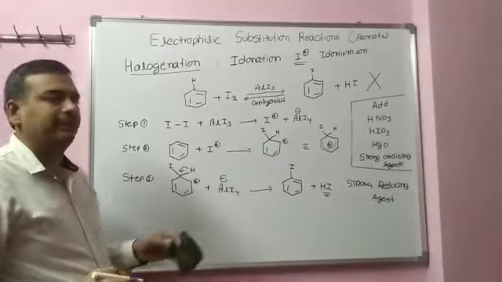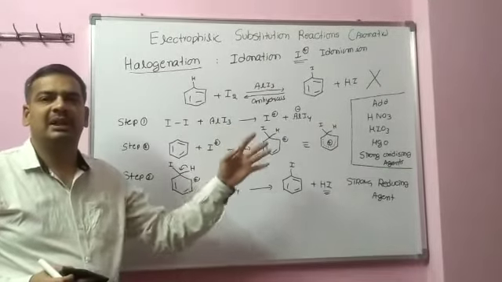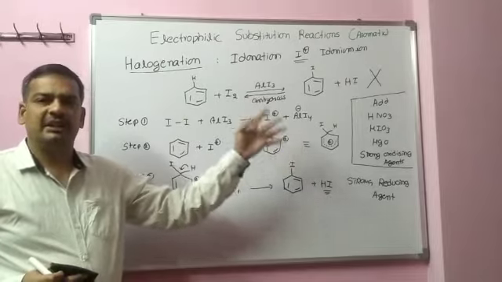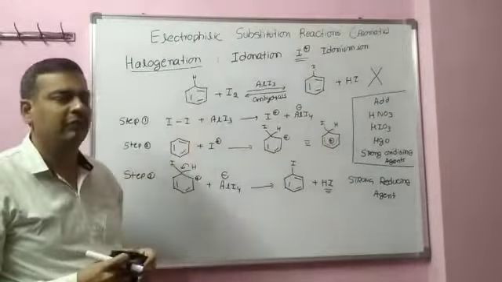This is the exception. In iodination, we definitely need to add strong oxidizing agents like HNO3, HIO3 or HgO to move the equilibrium forward. Otherwise, there is no product formed.